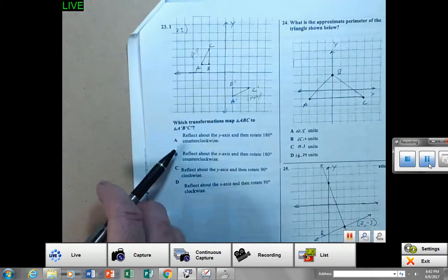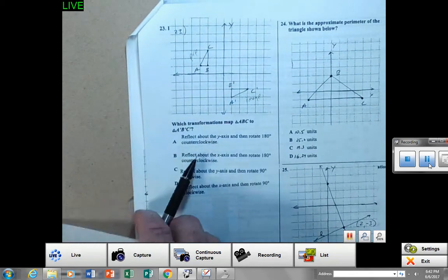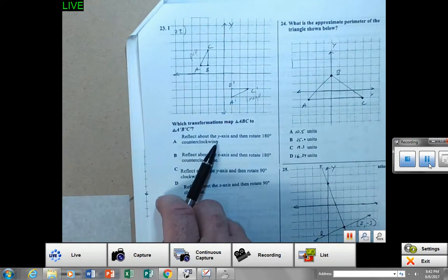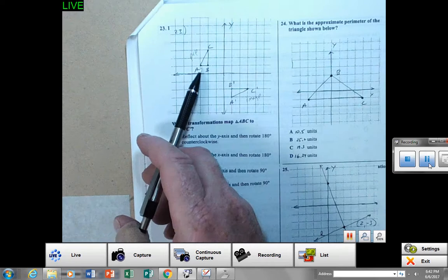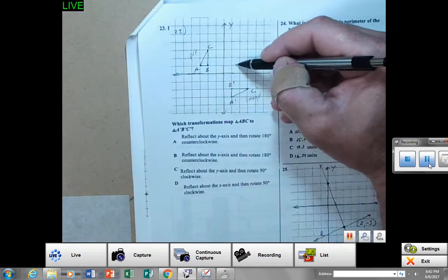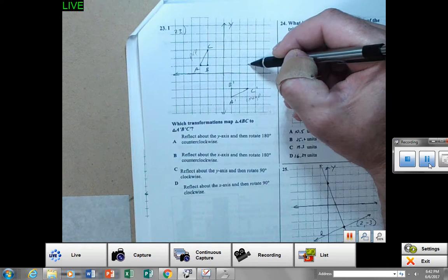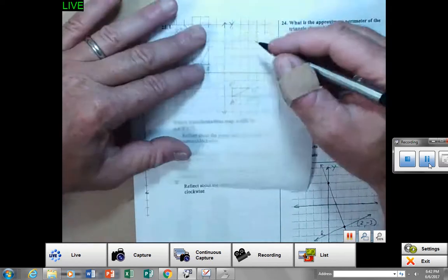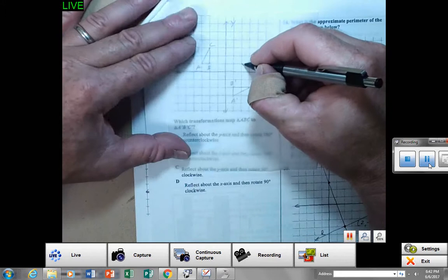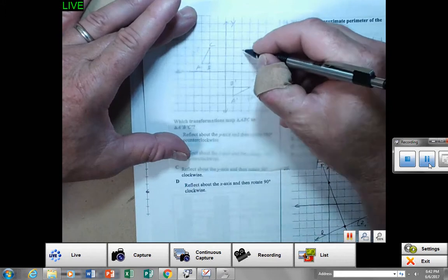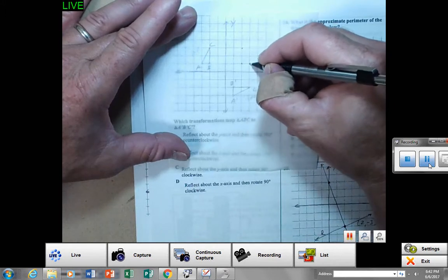So looking at this, it says reflect about the y-axis. So that means I'm going to take this and reflect it over here, which would look like this, and then rotate it 180 degrees counterclockwise. This is the reflection across the y-axis.